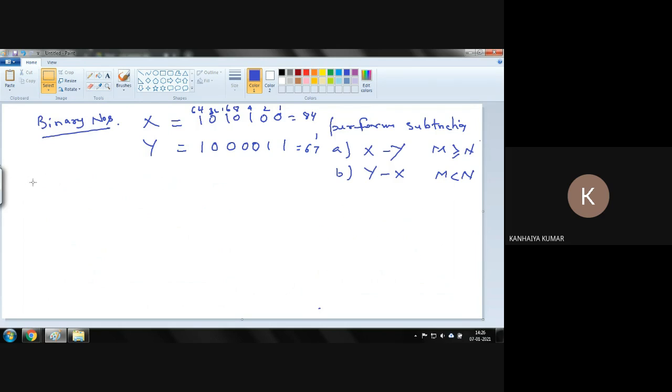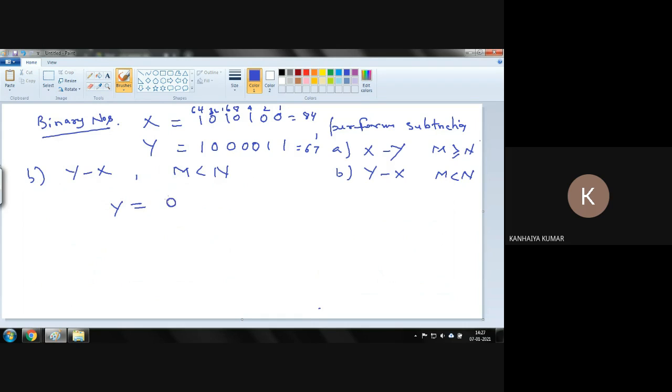Part B, here y minus x should be done, and we know here m is less than n. So what we have to do, write the y.